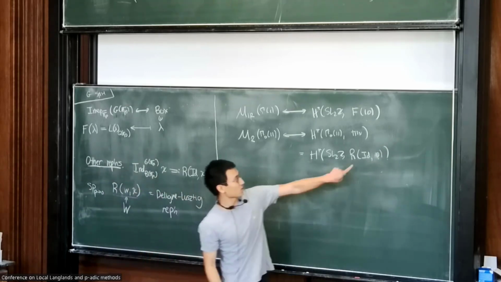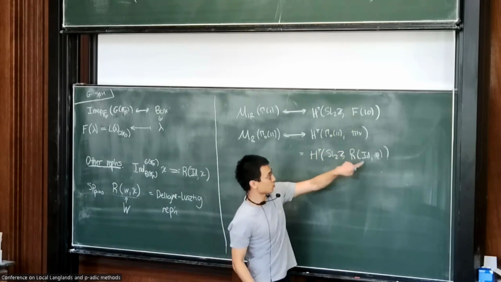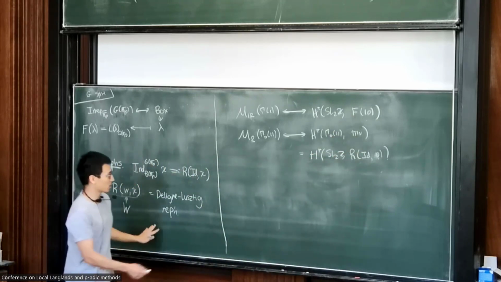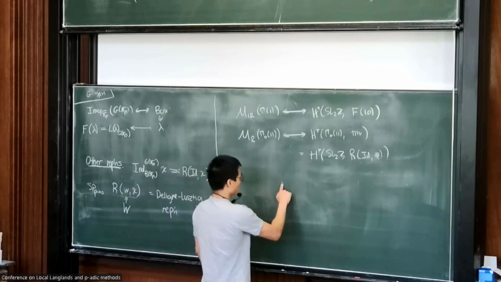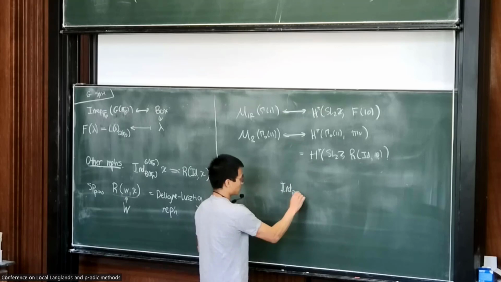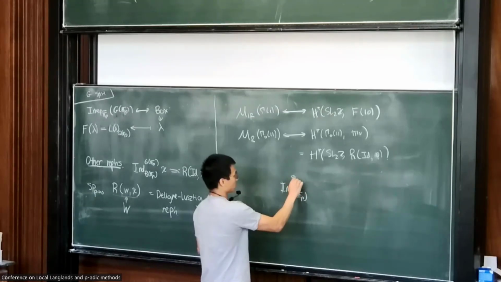Okay, and now the point is that there's already some relation between these two coefficients here. So more generally, when you write down this kind of parabolic induction, so I guess I was calling it SL2.